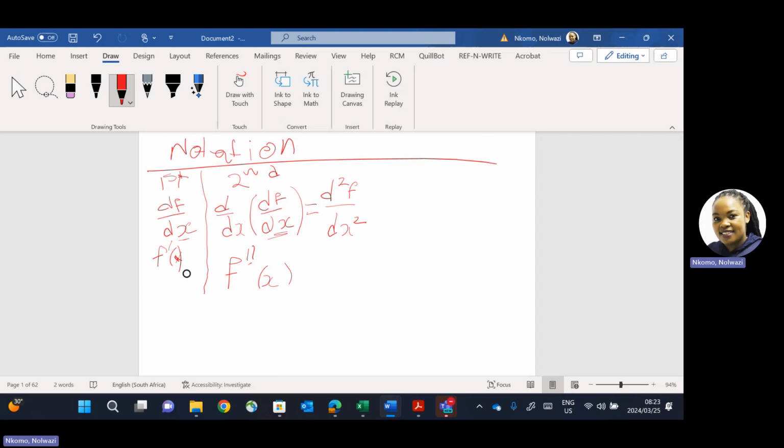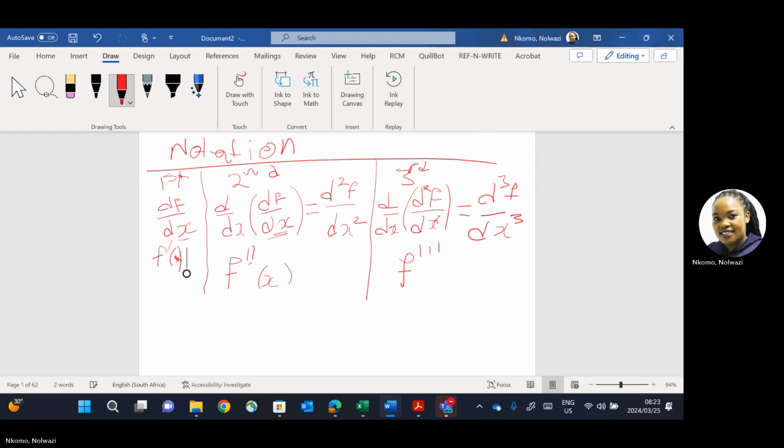As for the third derivative, it will be the derivative of the second derivative. The second derivative is d squared f over dx squared, and this equals d cubed f over dx cubed, which is f triple prime of x.